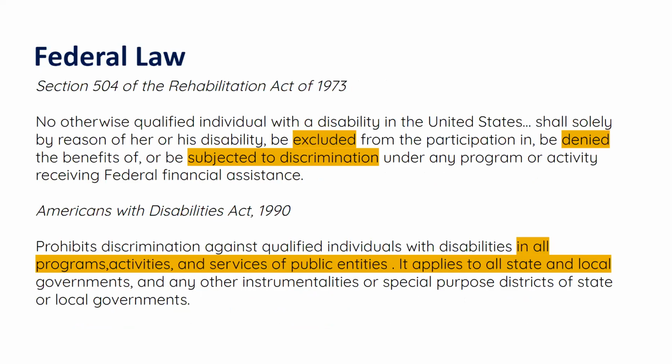That actually can be a denial under Section 504 of the Rehabilitation Act. So that's why we open the discussion to adaptive physical education. We have to remember that in all programs, activities, and services is how it is defined. That means schools fall within that law.